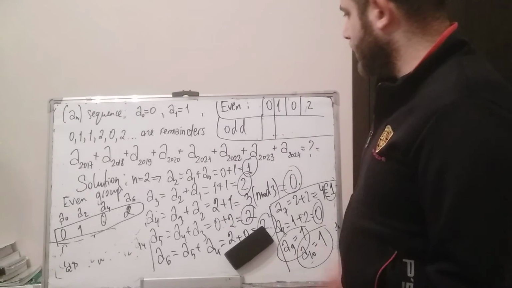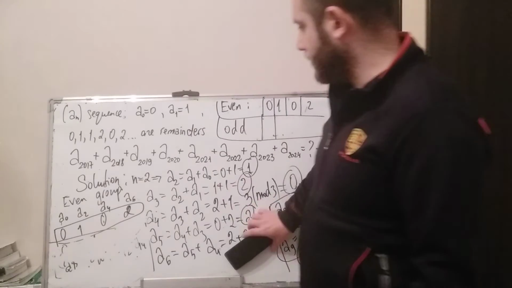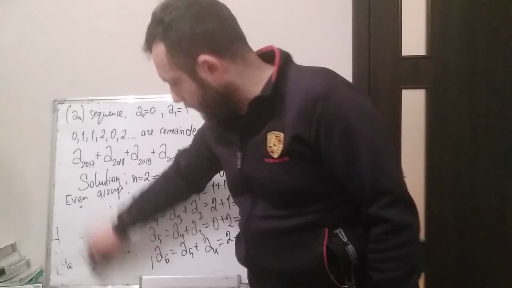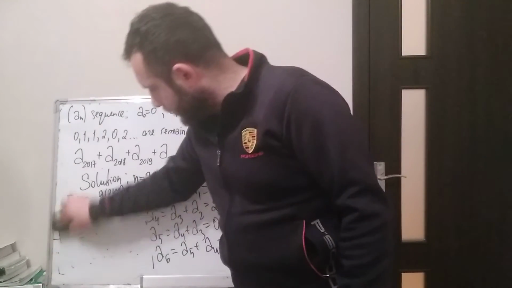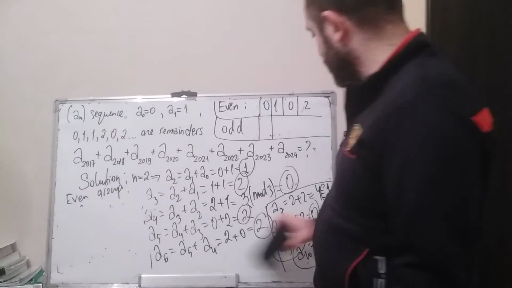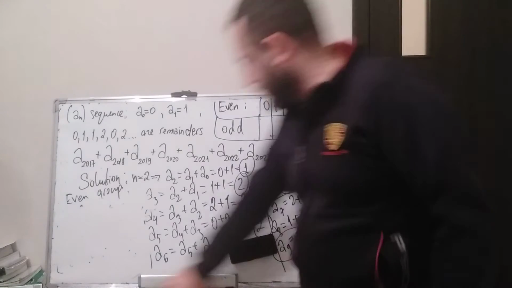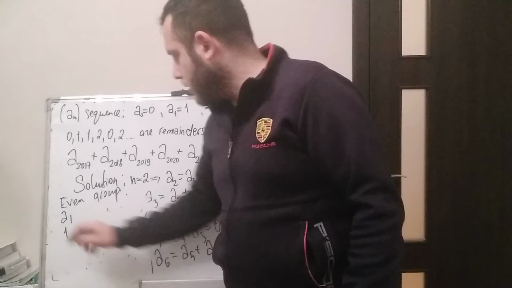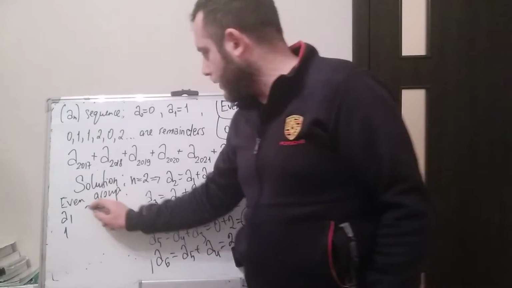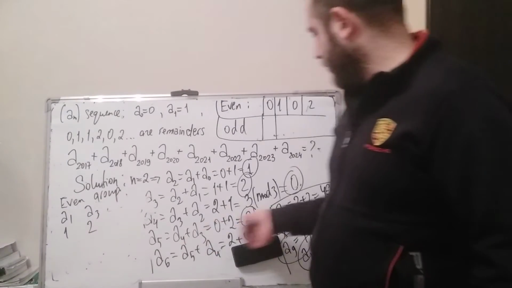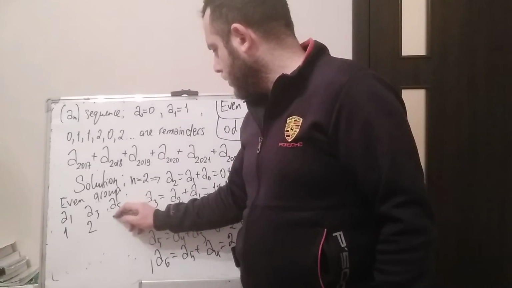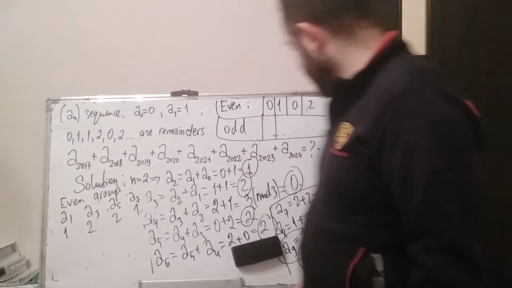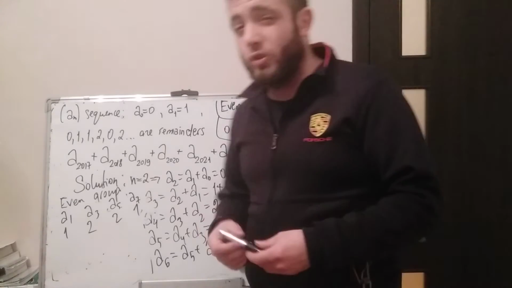Of course, the first will be A1 because it is an odd index term. A1 is 1, fine. A3 is 2, A5 is 2, A7 here is 1, A9 we have found is 1.